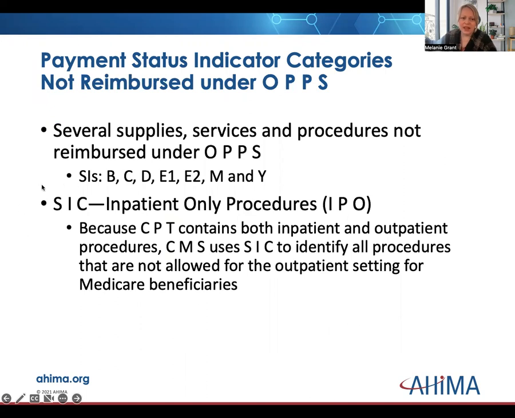You'll also notice that status indicators of B, C, D, E1, E2, M, and Y are not reimbursable. These are really for a variety of reasons, most of which include medical necessity or location issues.